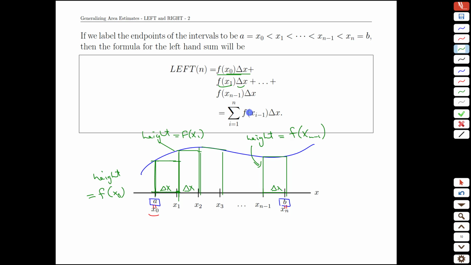For i equals 1 to n, calculate and add f of x sub i minus 1, that would be x0, times delta x. And then you'd also do 2, so x sub 2 minus 1, which is x1, times delta x. 3 minus 1 would be x2. And you can see that we're working through the points all the way up to x sub n minus 1. When the counter here, i, reaches n, we'd have x sub n minus 1.